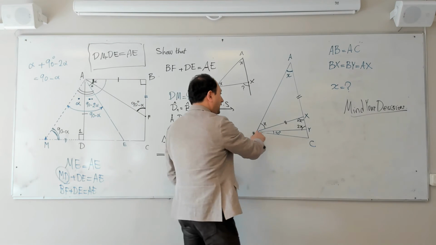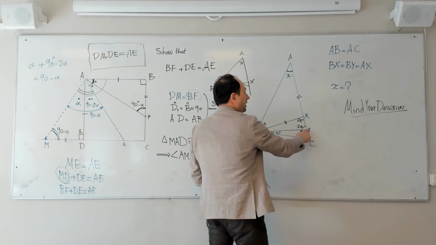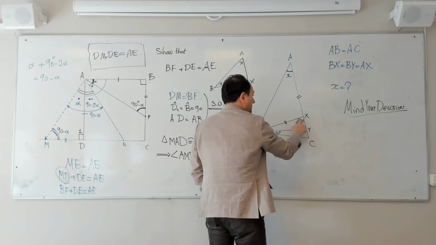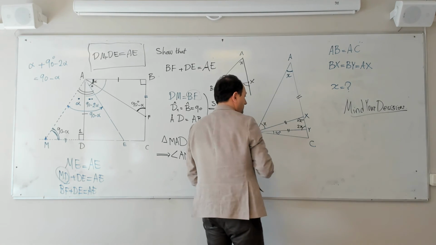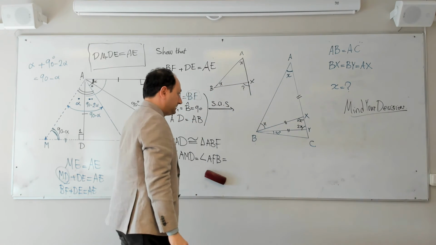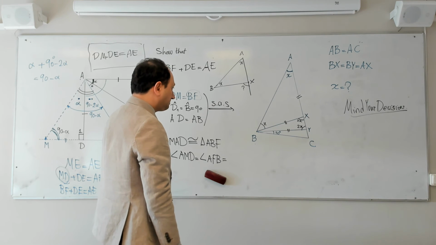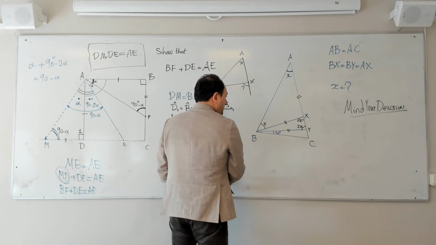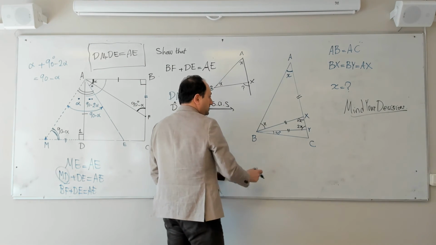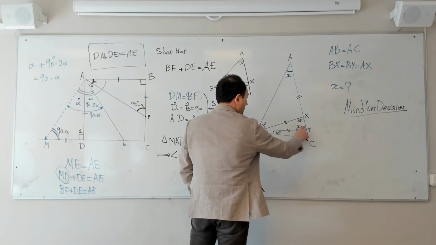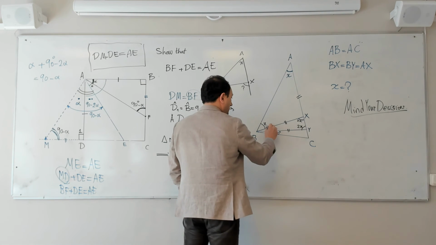Yes, because BX is equal to BY. So if this is 2x, this has to be 2x. But now what can I do? I can see that if this is 2x, this is 2x. Can you tell me what this narrow angle is?